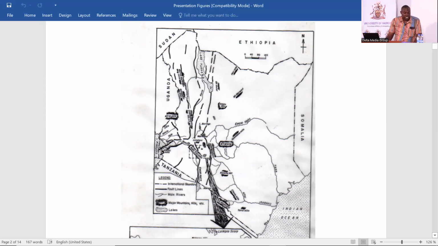So my coming in is basically to enrich the studies that have been done here before, because there are new insights which keep on coming up as the study continues. So the Central Rift forms an archaeological basin.